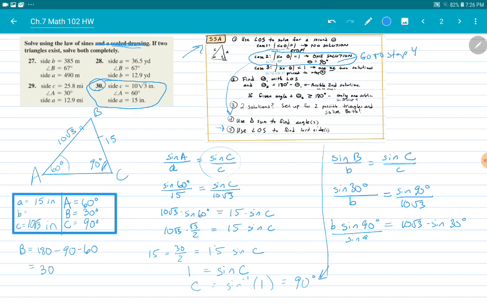I'm going to divide both sides by sine of 90 and then simplify. So I get 10 radical 3 times sine of 30, which is 1/2, all divided by sine of 90 degrees, which is 1. So that gives me 5 radical 3.